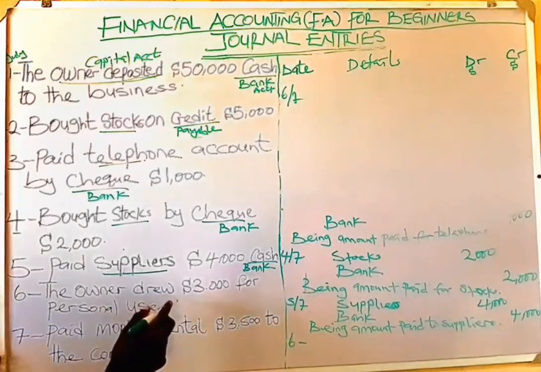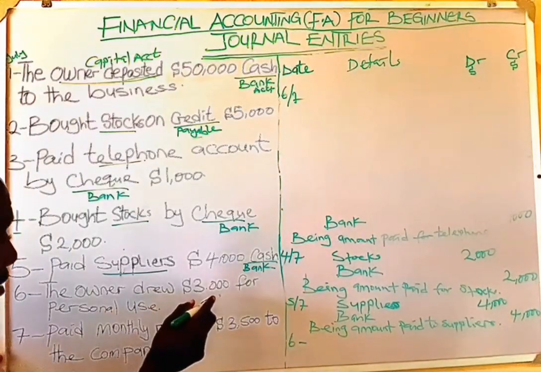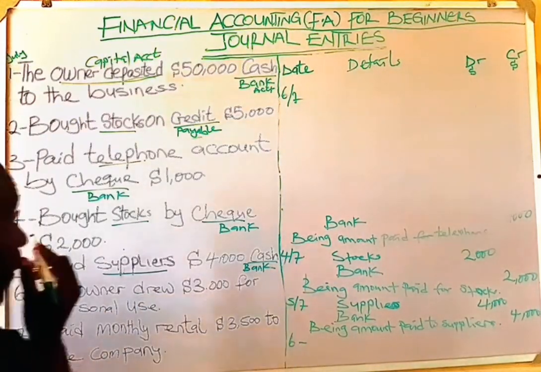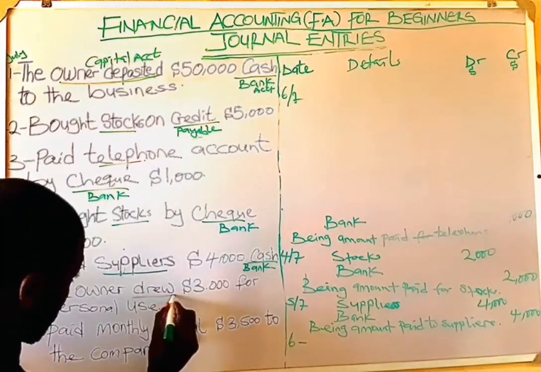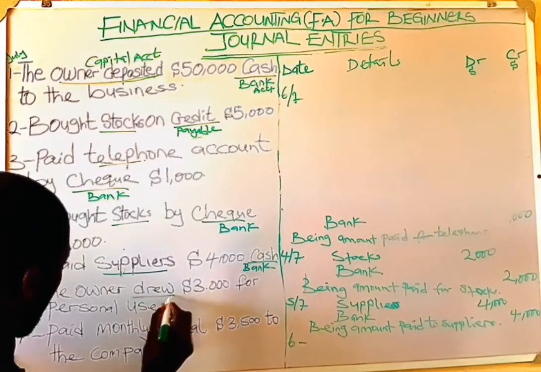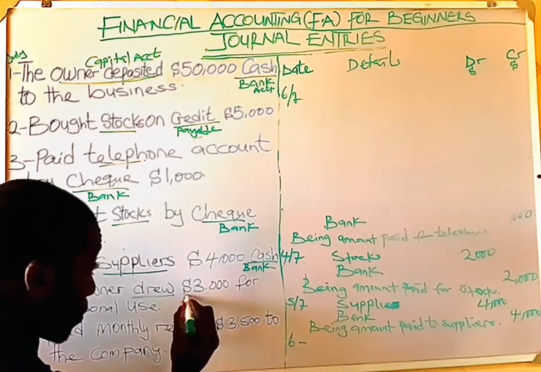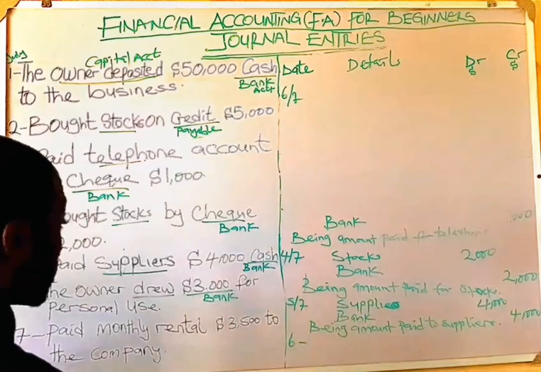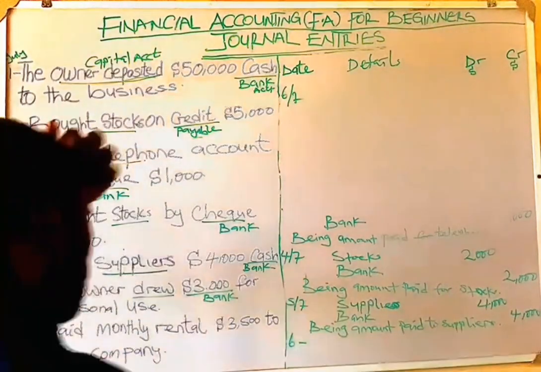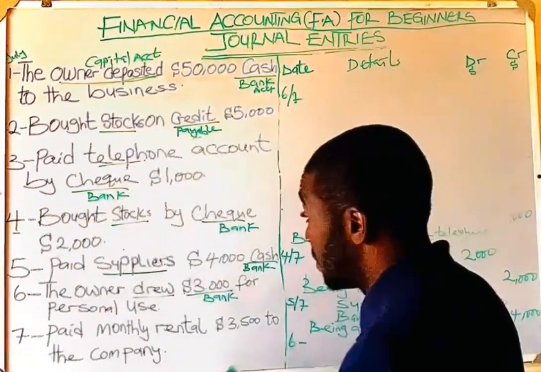The owner drew $3,000 for personal use. This is the drawing account. And even though there is no cash or bank mentioned, this is bank. Go back to my last video on the accounting equation, you will get it very well.